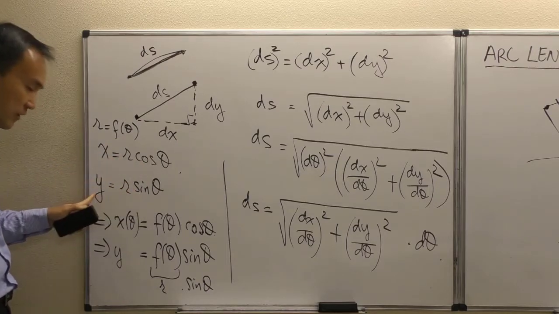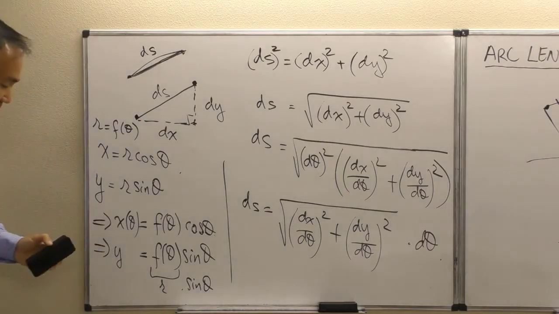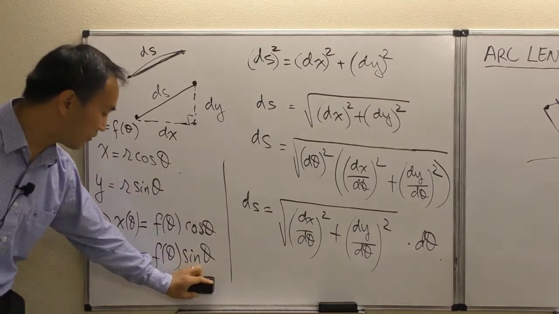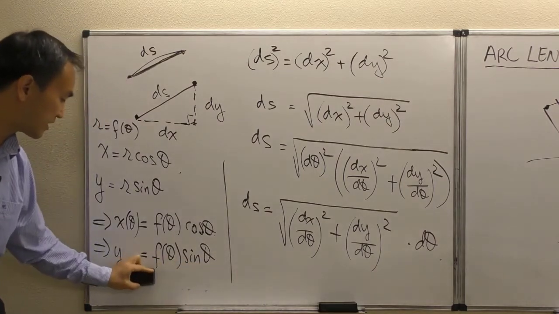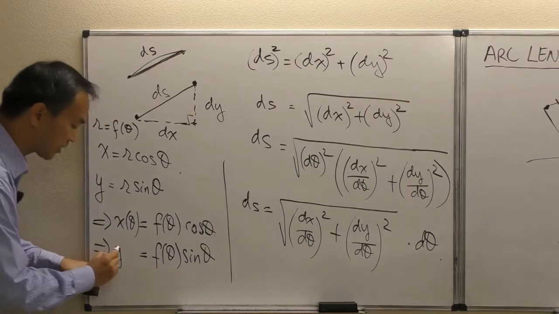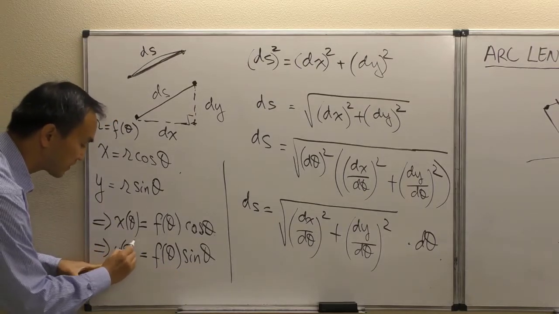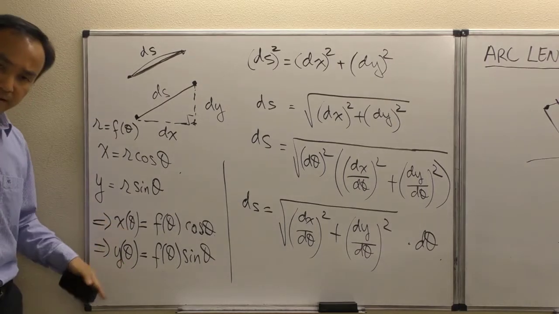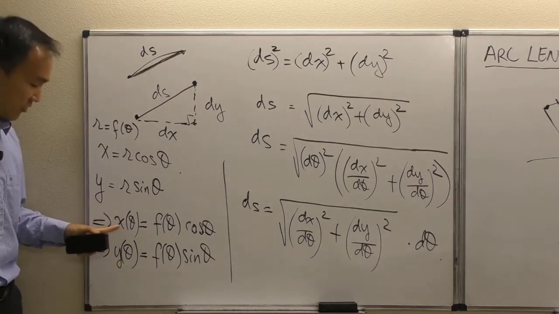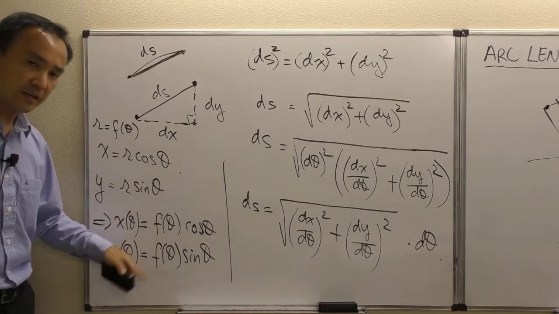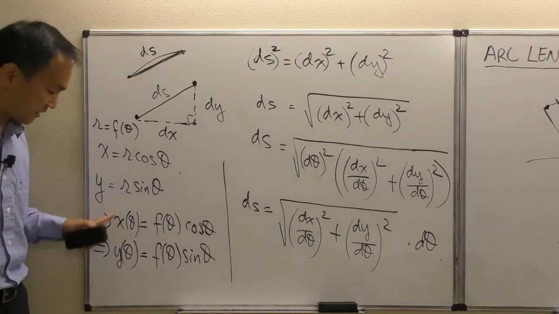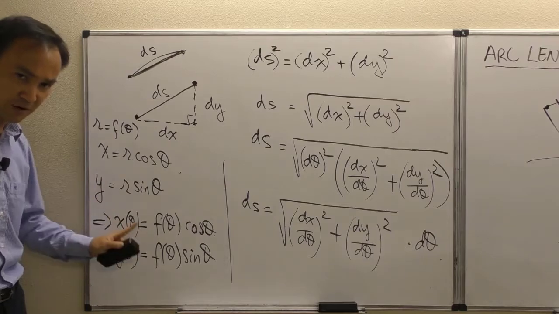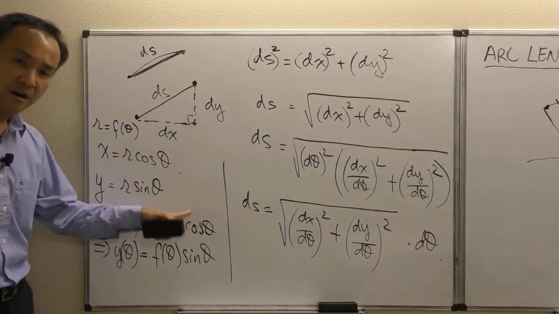Now again I recognize, similar to the x coordinate, that the y coordinate can also be expressed as a function of theta. So here we have x of theta and y of theta, and these are two separate functions completely in terms of theta, and they're both dependent on theta.